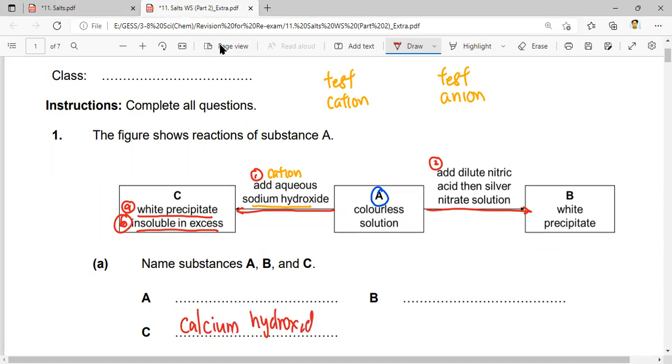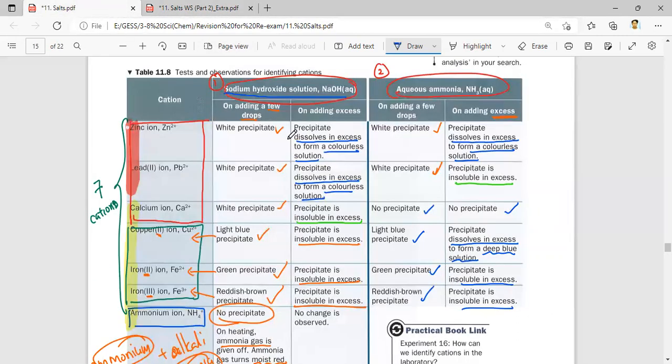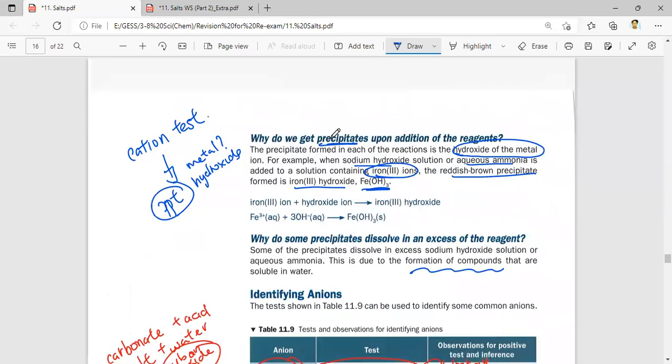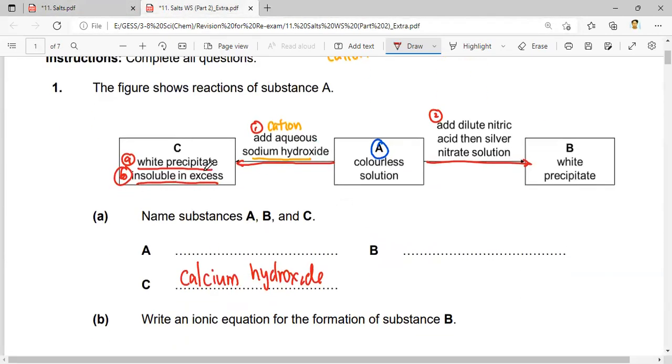They say, how do you know it's hydroxide? I mentioned already, so we can go back down here. Take note, they mentioned here that the precipitate that's formed is the hydroxide of the metal, or the hydroxide of the cation. So whenever you got a test for cation, the precipitate will always be a hydroxide.